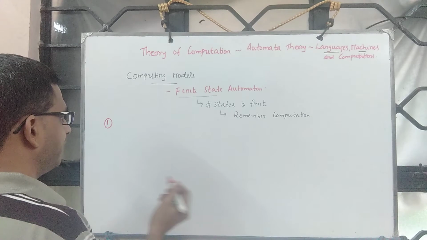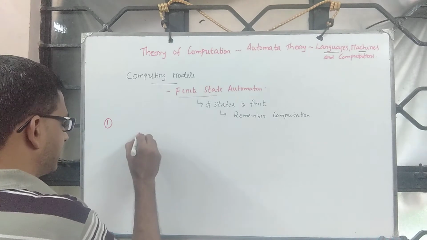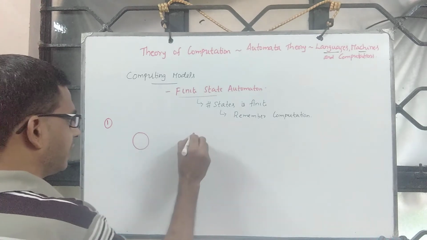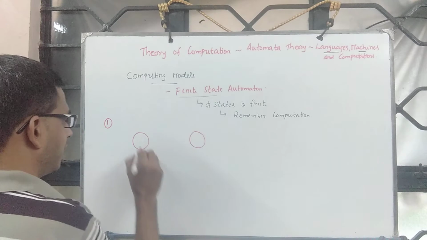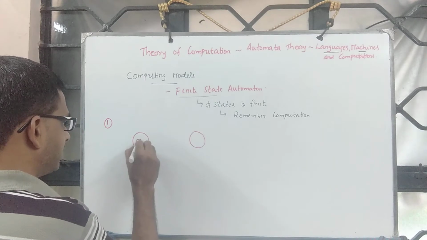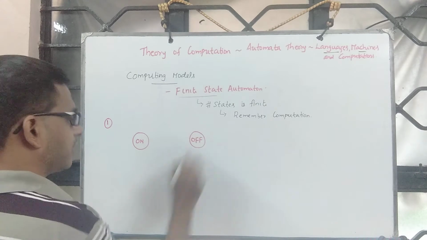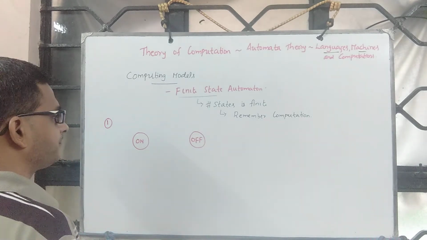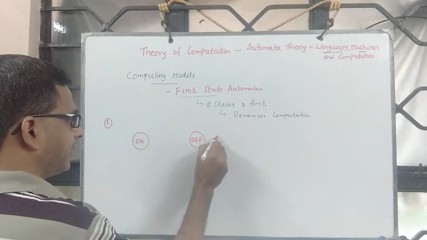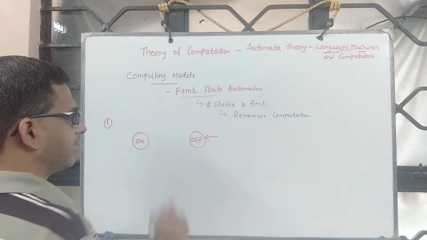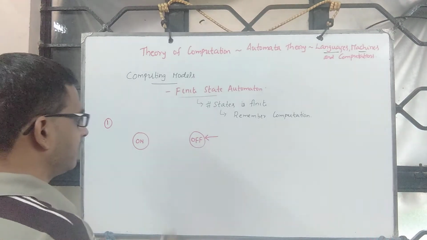The simplest being, for example, look at any electrical or mechanical switch. You have two states, on and off. Initially, a machine or an equipment is in an off state.